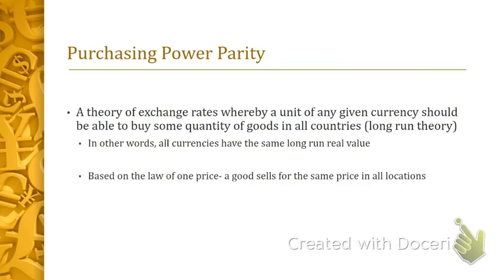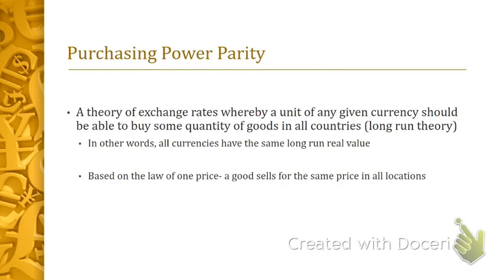Same thing with TVs. You buy a TV in America and a TV in Asia, and you can get two TVs for the same amount that you can get one in Asia. People are going to buy TVs in the United States until the demand goes up, increases the price, and it balances out.